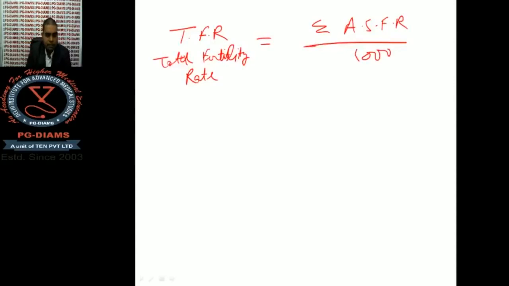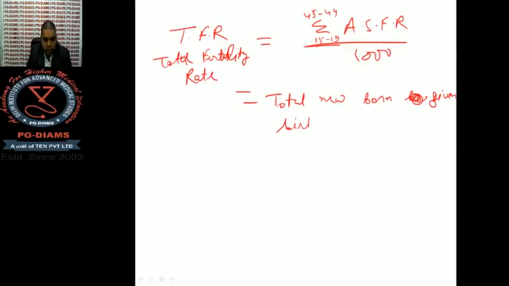That means from age group 15 to 19 and from 45 to 49. This is the lower and upper limit of age group. Okay. Total fertility rate means the total newborn given birth to by a couple is total fertility rate.